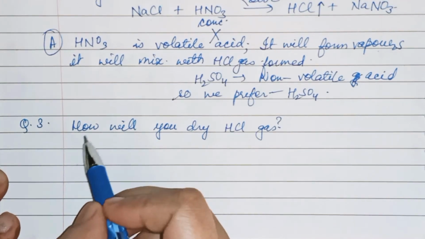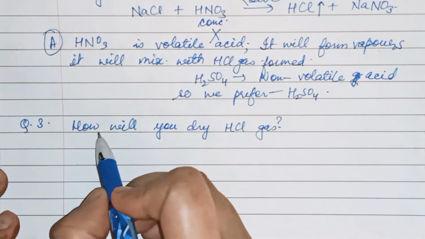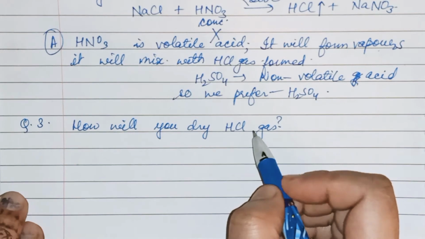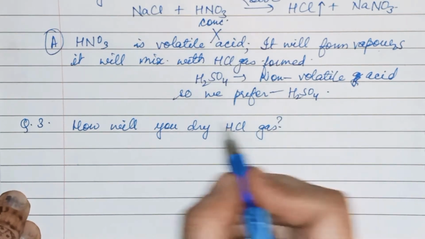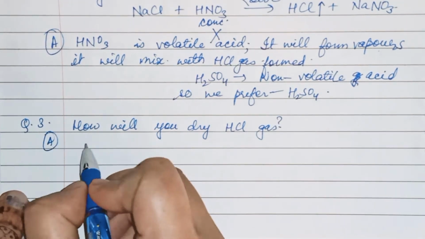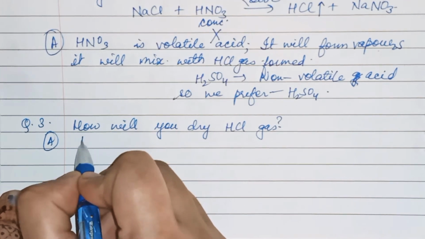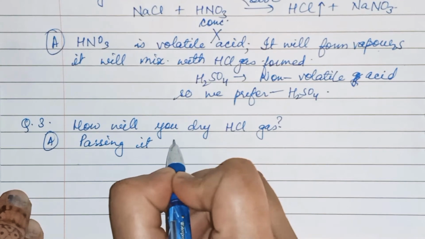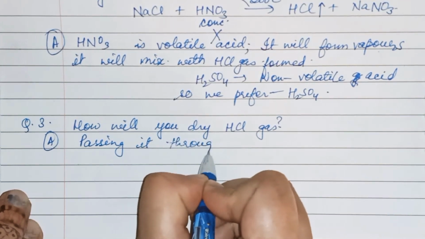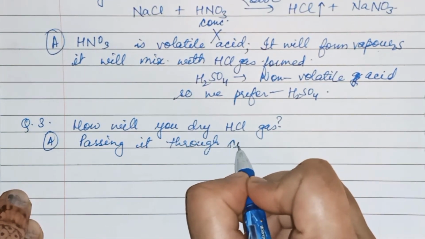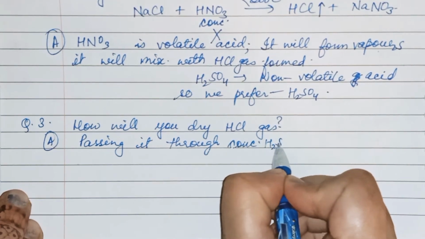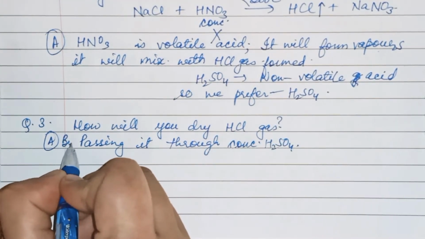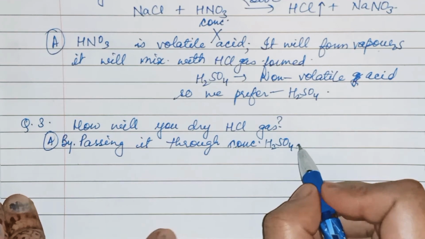Next question which will arise from the same equation: how will you dry HCl gas? Okay, so we need a drying agent. You can write: by passing it through concentrated H2SO4.